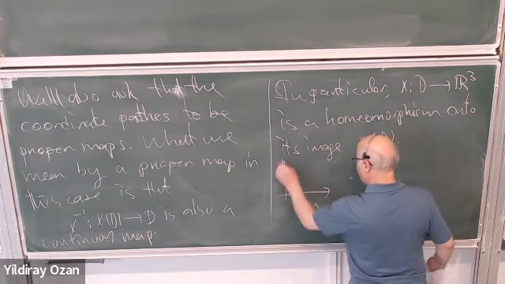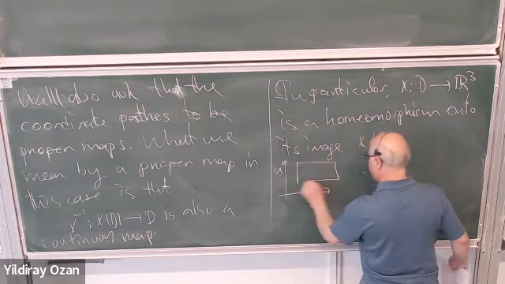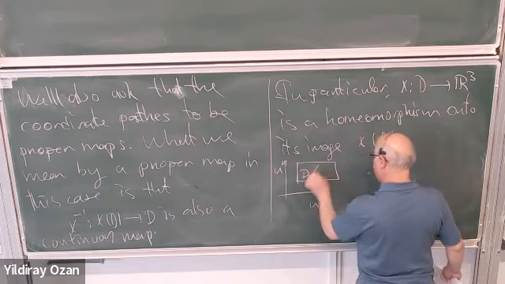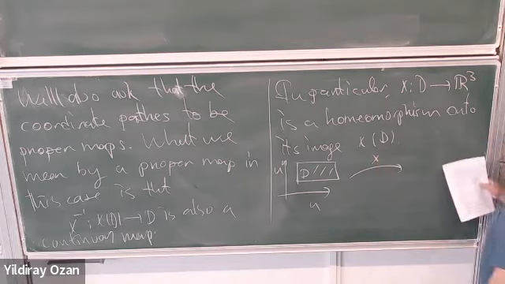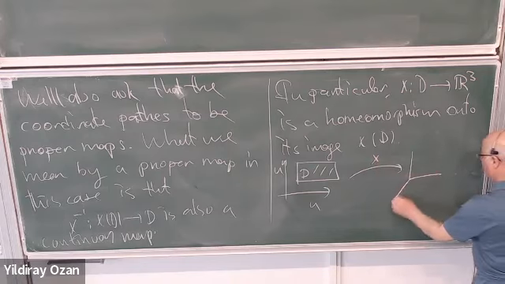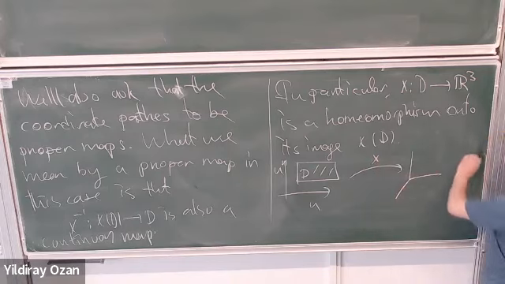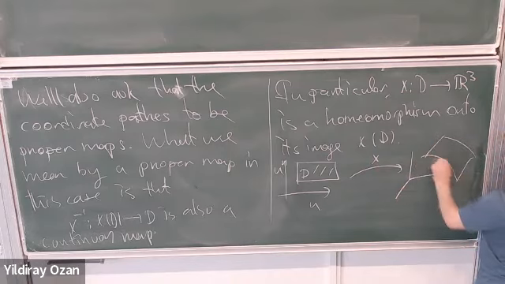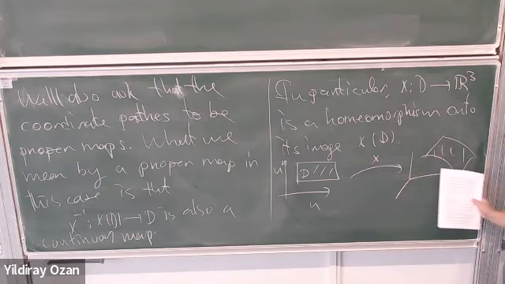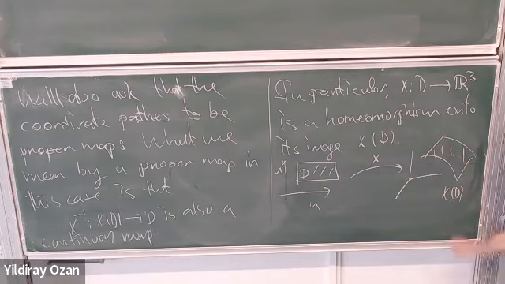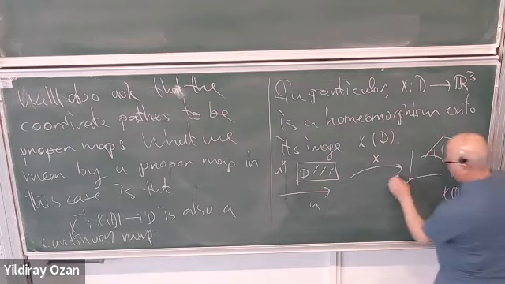So let's say this is our D, and via X it is mapped to something like this, and this map from this region D into its image X(D) is a homeomorphism.